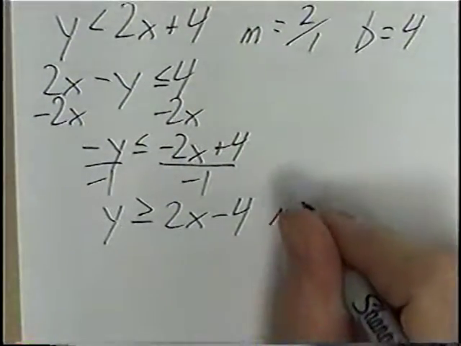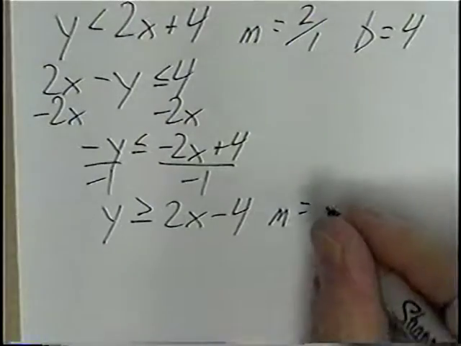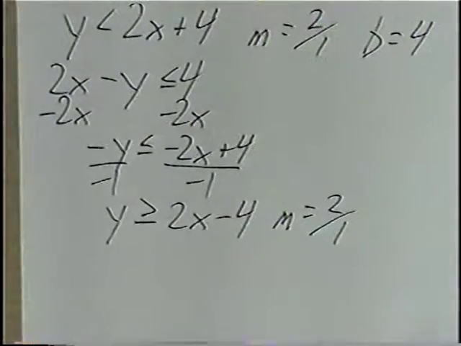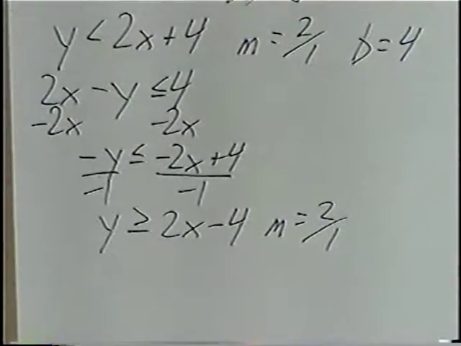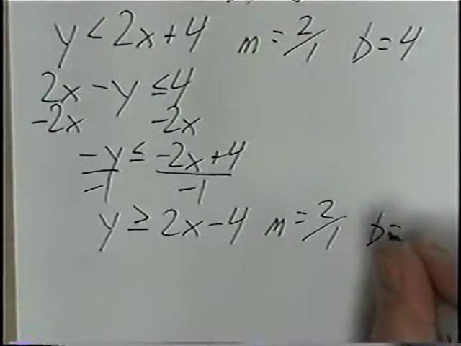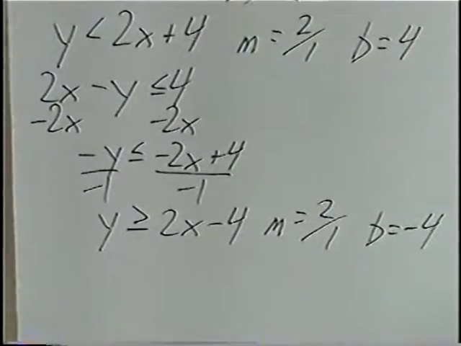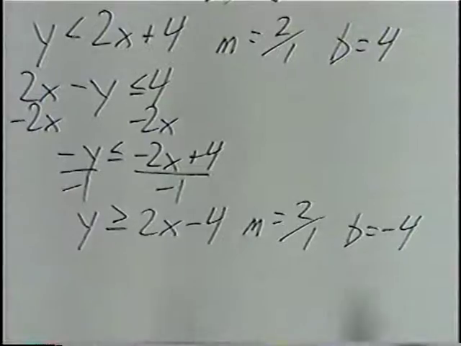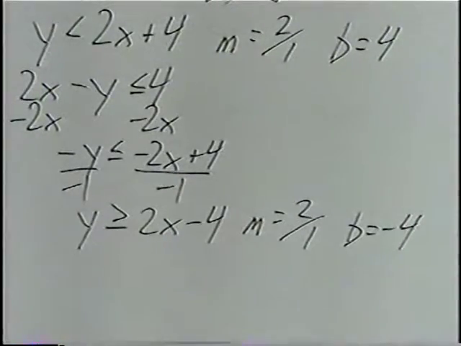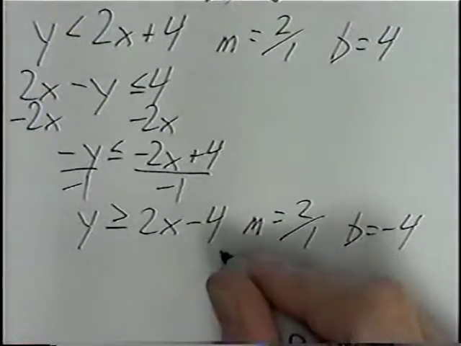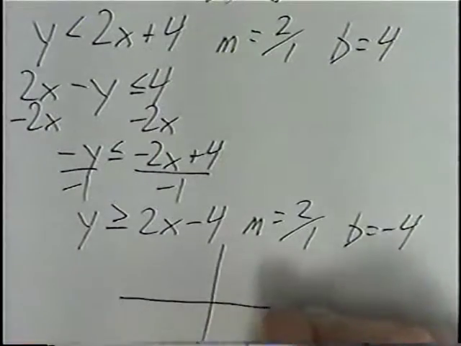The slope, m, the number in front of x, would be 2 or 2 over 1, and the y-intercept, b, would be -4. Once we have both the slope and the y-intercept, we can graph each equation. Drawing the xy axis.